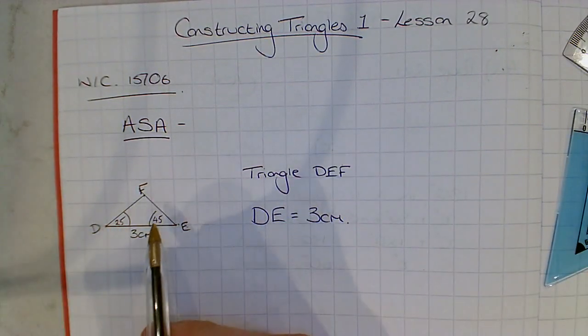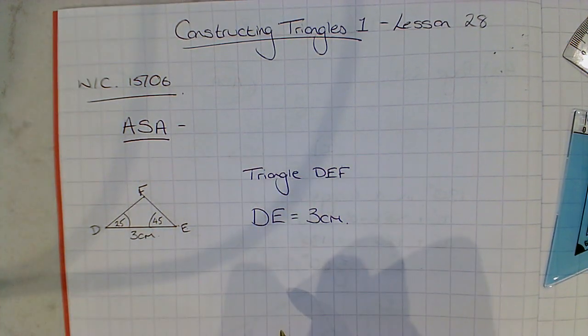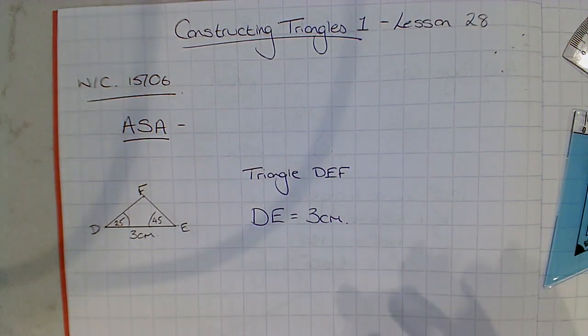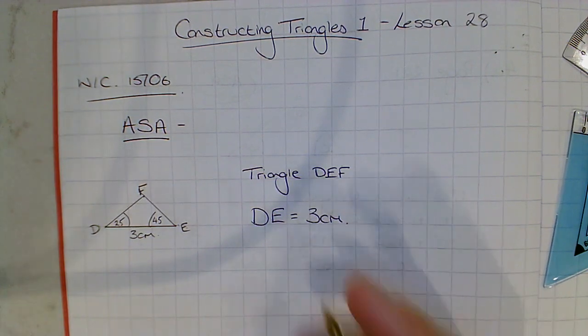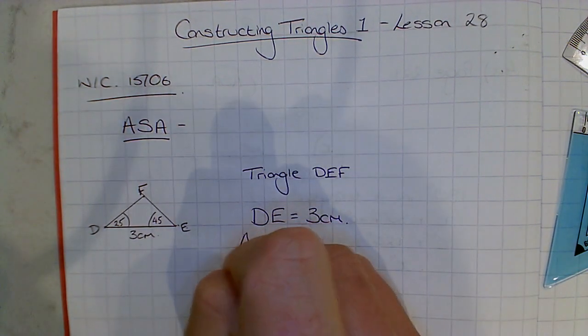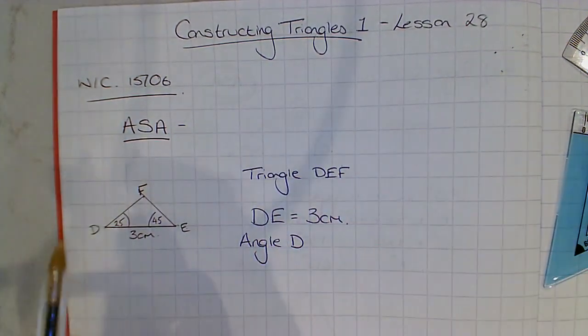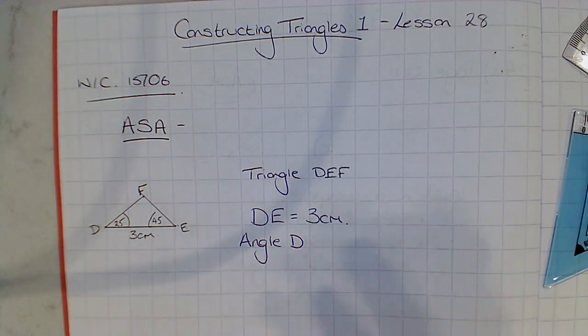Okay, so angles is a little bit different, and I'm going to give you 3 different ways of writing angles. The first way is going to be how it's detailed in the book, and the second 2 ways are going to be things that you will use later on in school. So in the book it is written as angle D to mean this angle here. So the angle on the vertex D is 25 degrees.